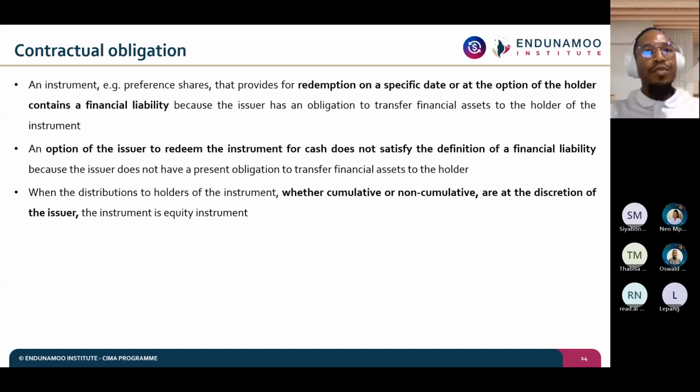If the distributions on these preference shares are at your discretion as the issuer, be it cumulative or non-cumulative distributions, then these are equity instruments because the discretion is yours, whether you're going to make distributions, whether you are going to cumulatively make these distributions or not. By virtue of the discretion lying with you, you do not have a present obligation to deliver cash. Therefore, you wouldn't recognize a financial liability. Instead, they too would be equity instruments.